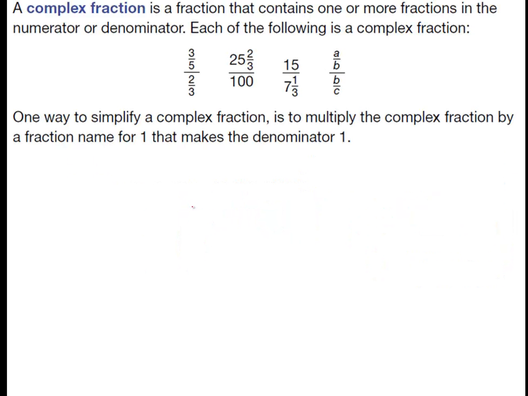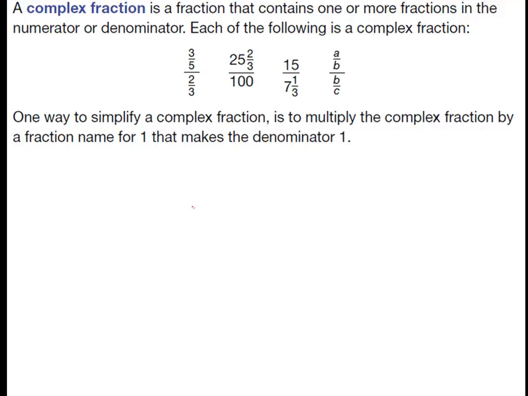All right, so a complex fraction contains one or more fractions in the numerator or the denominator. So you see the examples all here. One way to simplify this is to multiply the complex fraction by a fraction name for 1 that makes the denominator 1. The same thing that we do when we multiply by reciprocals to isolate a variable. So same idea.